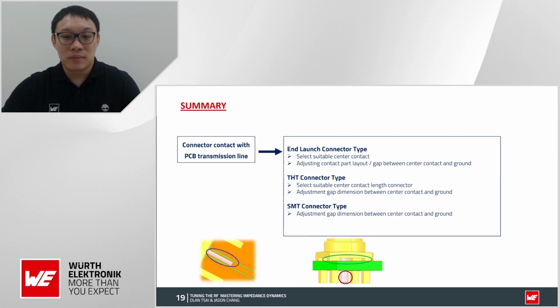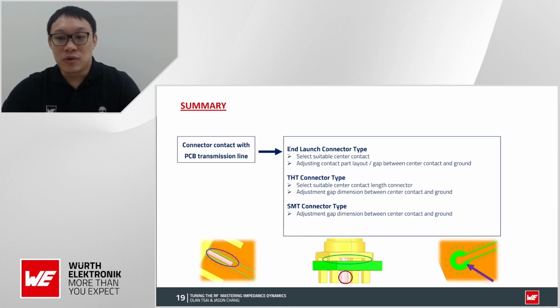For the THT connectors, please be extra careful with the center contact length of the connector, and also the gap between the connector and the PCB. And for the SMT, please try to focus on the gap dimension between the center contact and the ground.